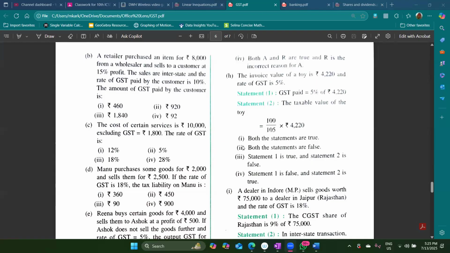I have an answer. Correct, Soham. Correct, Sai. Correct, Aniket.